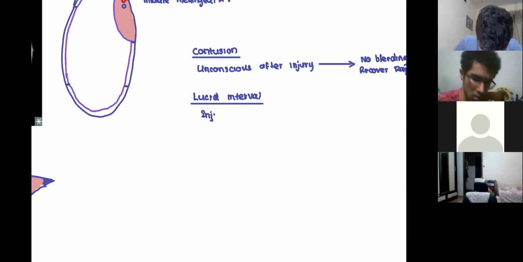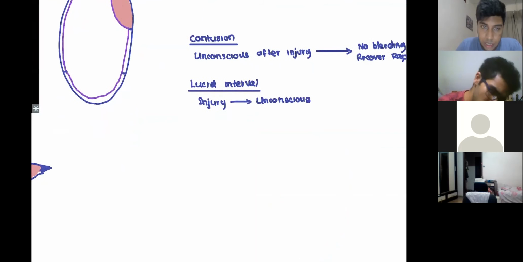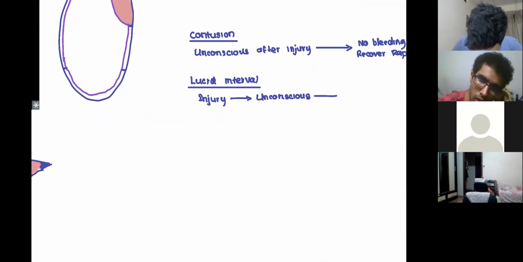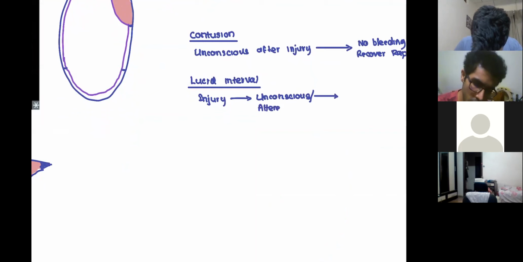injury occurs and then he becomes unconscious, or has altered consciousness, and he will temporarily recover.